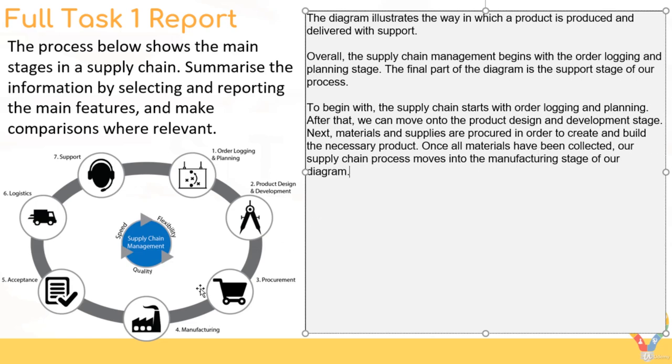Okay, so I'm not really giving much detail of what might happen in each stage, as to be honest, I don't really know exactly what is being delivered or produced, but I can give an overall understanding. Quite simply, I am just describing how we're moving from one stage to the next using lots of time opening language, such as to begin with and after that and next.